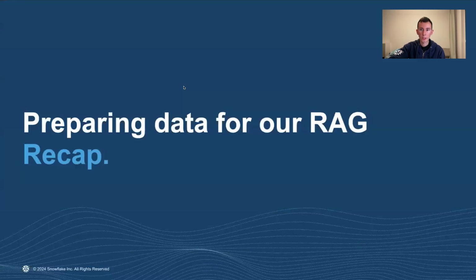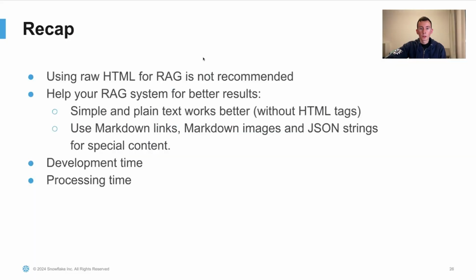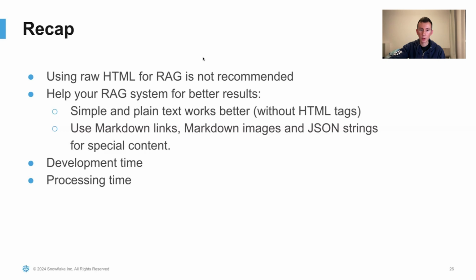Okay, let me recap what I just explained to you. The main point of my presentation is that if you have a lot of HTML documents that you want to ingest into your RAG, it's not a good idea to use only the HTML code. You need to process it to make it easier for your RAG chatbots to understand.